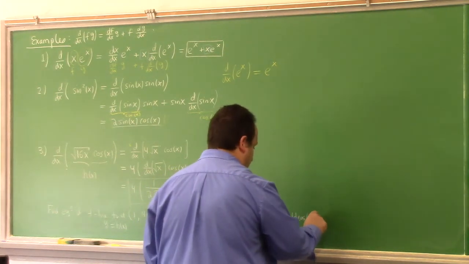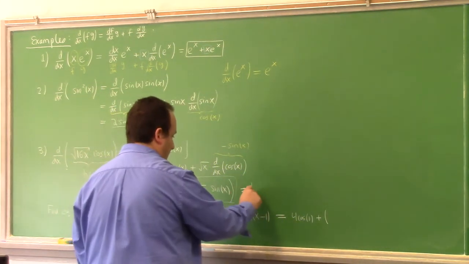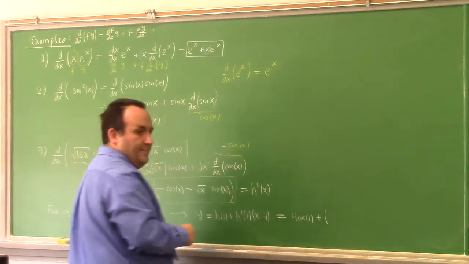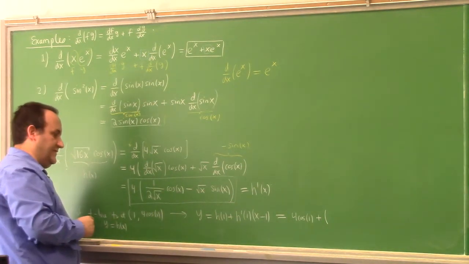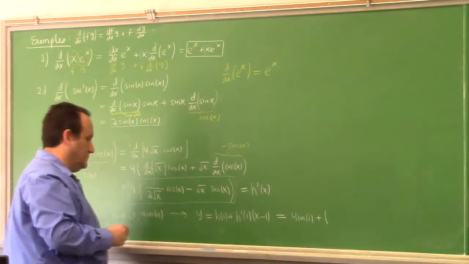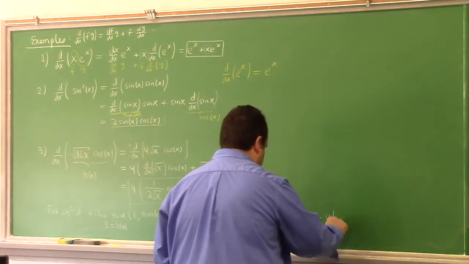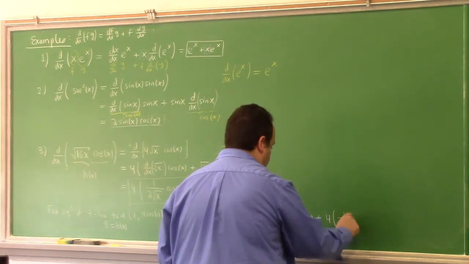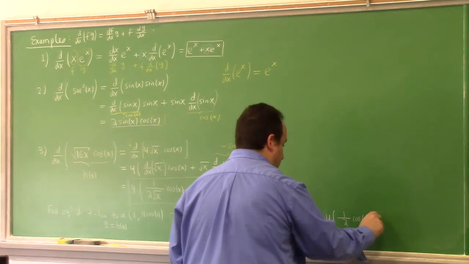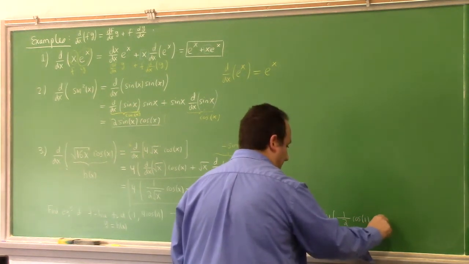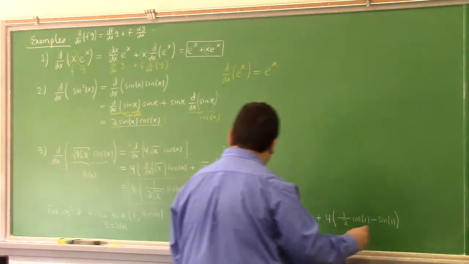And then what's h prime of 1? So this is h prime of x. So h prime of 1, I plug in 1. What's that going to be? Yeah, it's 4 times 1 over 2 cosine of 1 minus the sine of 1. That number, whatever it is, times x minus 1.